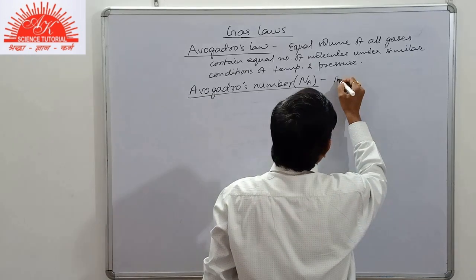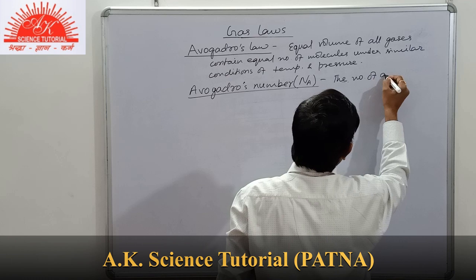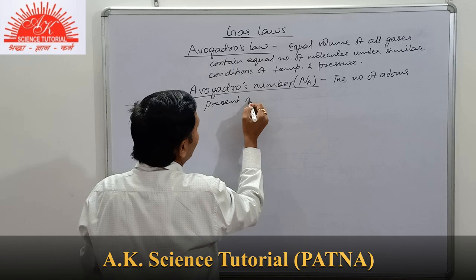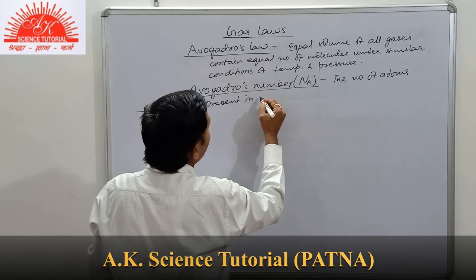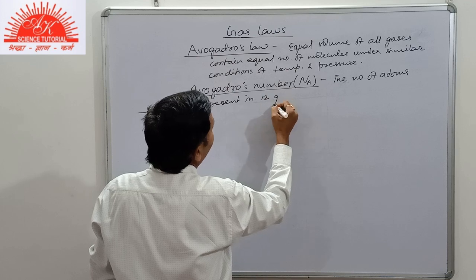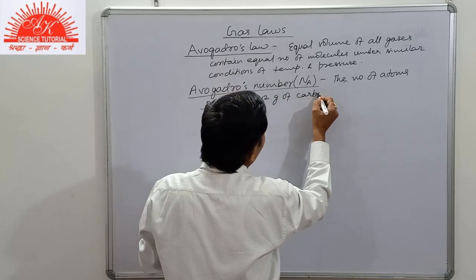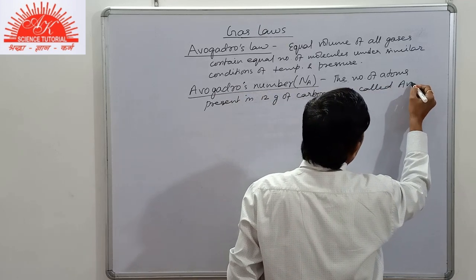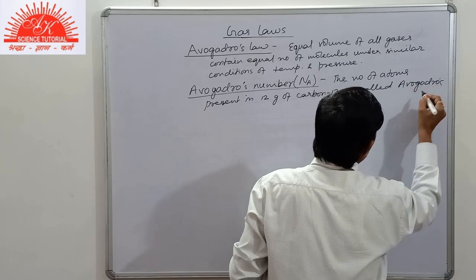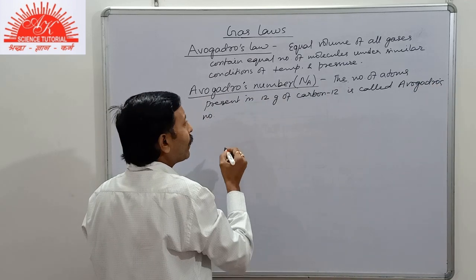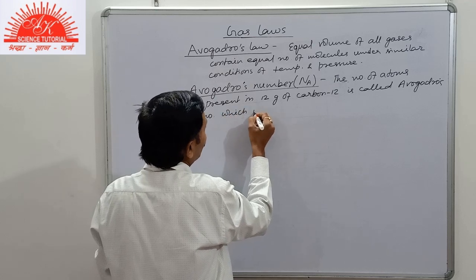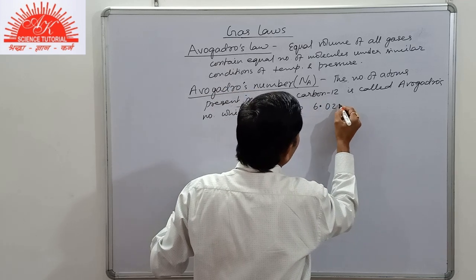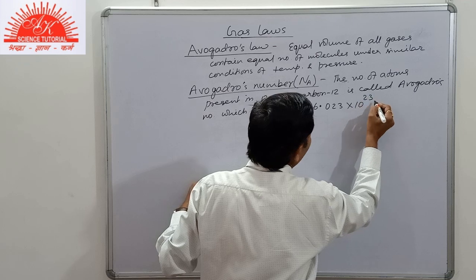So we say that the number of atoms present in 12 gram of carbon 12 is called Avogadro's number, which is equal to 6.023 into 10 to the power 23.